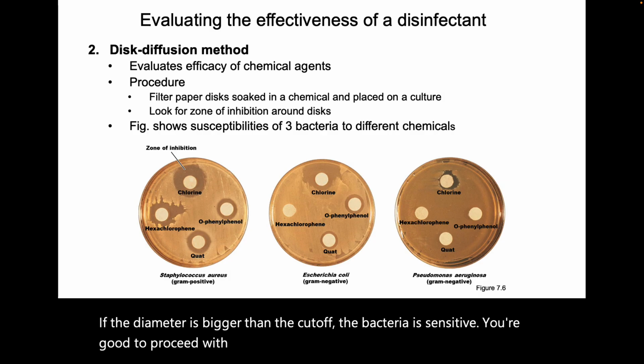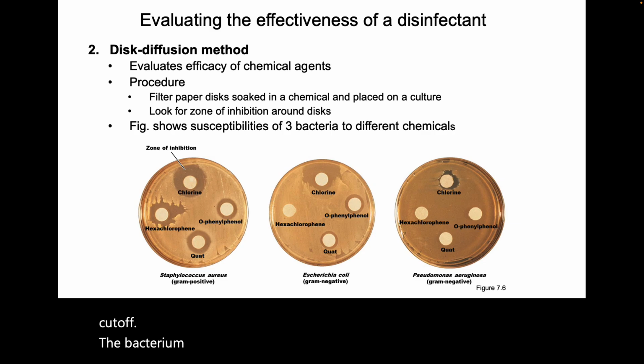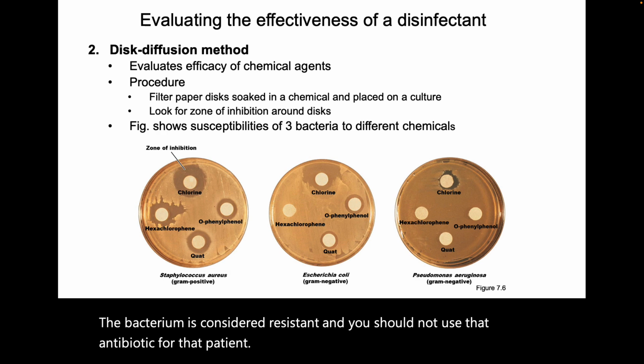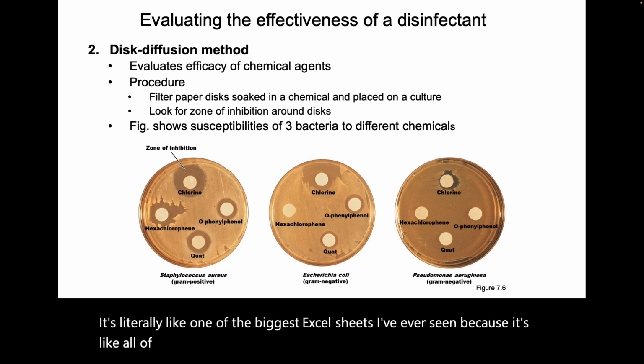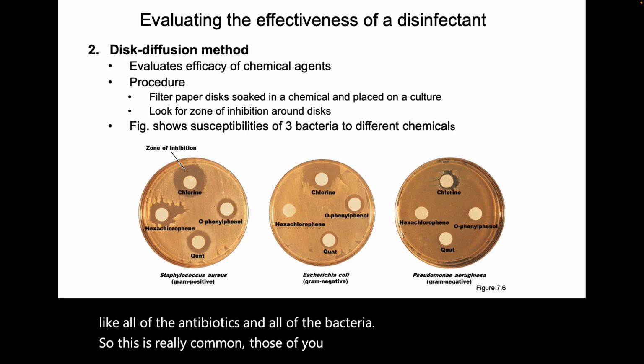If the diameter is smaller than the cutoff, the bacterium is considered resistant and you should not use that antibiotic for that patient. It's literally like one of the biggest Excel sheets I've ever seen because it's like all of the antibiotics and all of the bacteria. So this is really common, those of you going into clinical medicine.